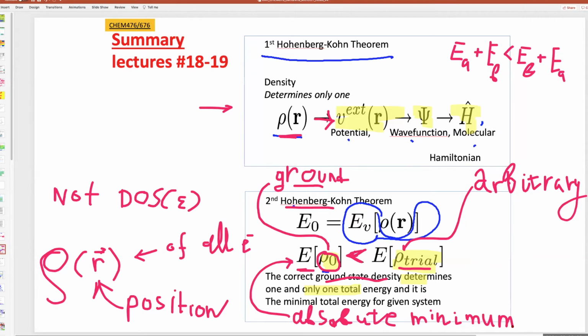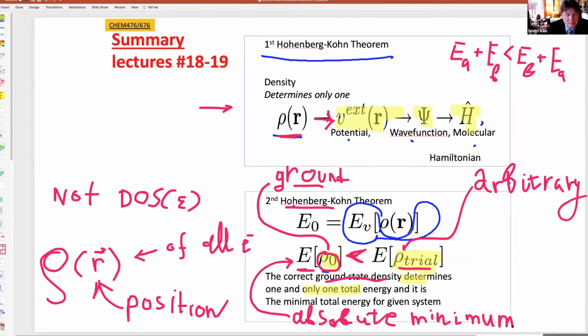Yeah, so I'm not sure I can add anything that hasn't been said, but my idea of it is that you can try to arrive at the correct density by inputting trial densities and finding the minimum energy output, and that should correspond to the minimum density.